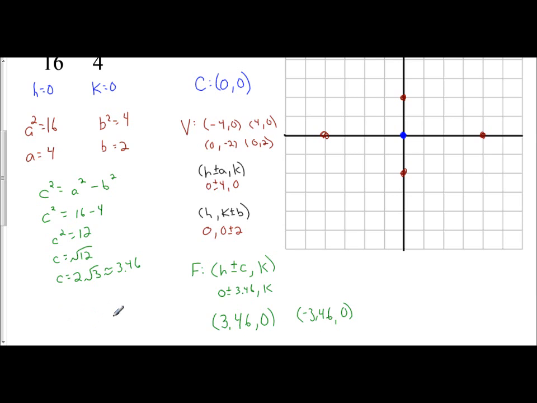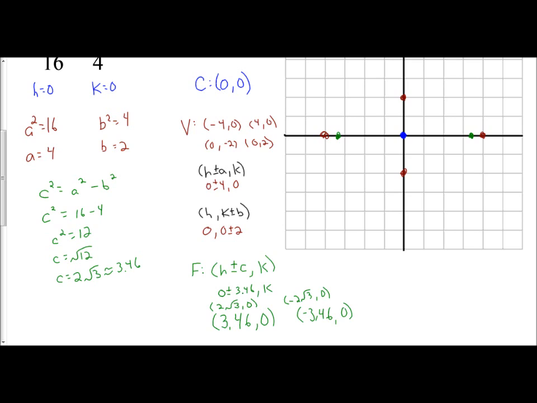I prefer the exact, so I prefer to say it is 2 square root of 3 comma 0 and negative 2 square root of 3 comma 0. And I plot those points. 3.46, a little bit less than halfway between 3 and 4, and so there's one foci. Negative 3.46, there's the other foci.